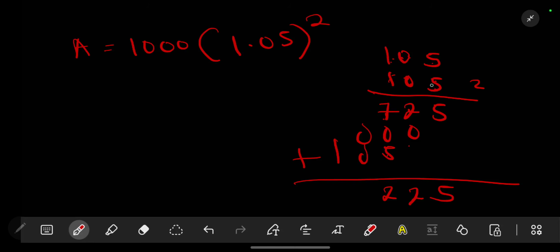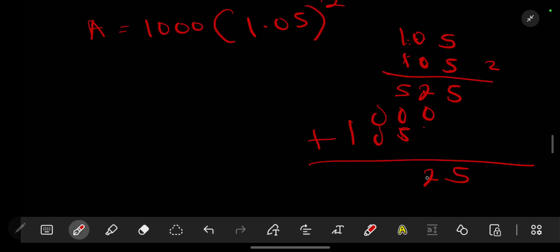Then on multiplying, we have 5 here, then 5 plus 5 is 10, so 0 remainder 1, 0 plus 0 is 0 plus 1 plus this one is 1, so we have this value.